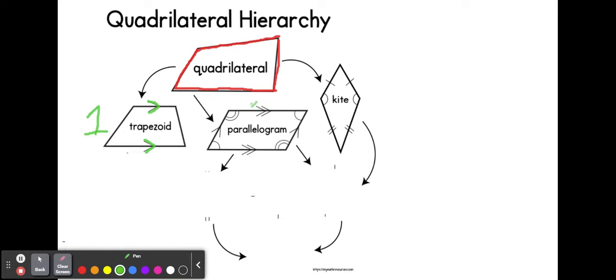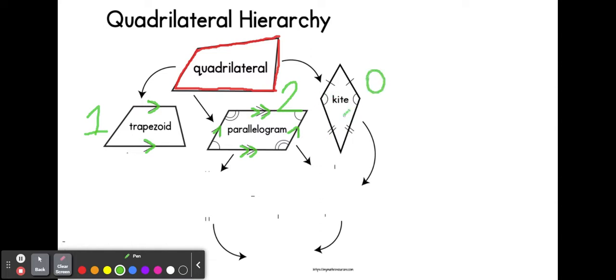A parallelogram has one little arrow parallel side, and also these sides here are parallel to each other. They're never going to intersect. So a parallelogram has two sets of parallel sides, and a kite here has zero sets of parallel sides.